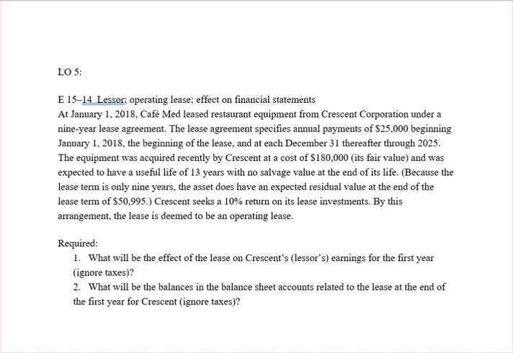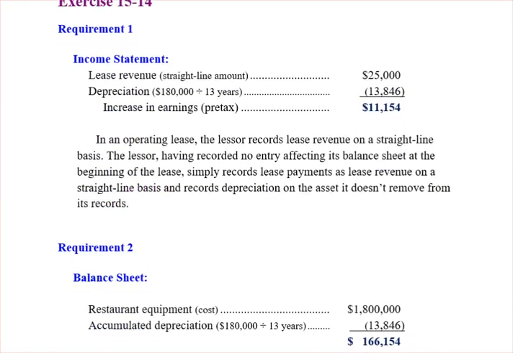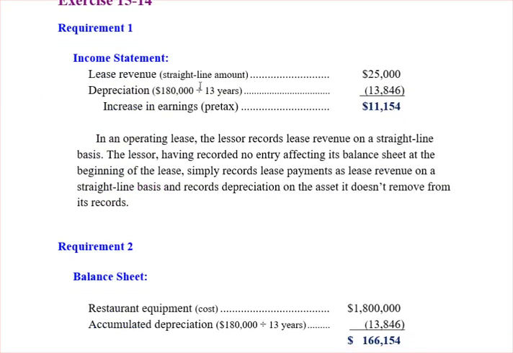Well, on the balance sheet, if it's an operating lease, then if we're between periods of time, at the end of December 31st, and this is annual, you're going to have some accrual at the end because you're going to get it in at the next period of time. So don't forget about that aspect of it. So let's go down and look at it: we have the revenue coming in, we have the depreciation, as I mentioned, and that's the pre-tax amount.